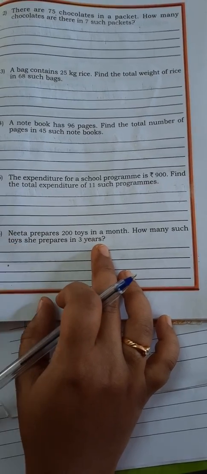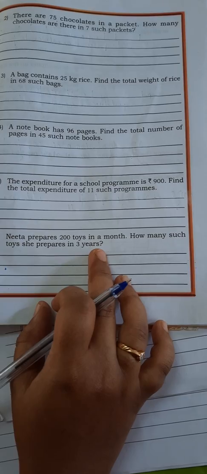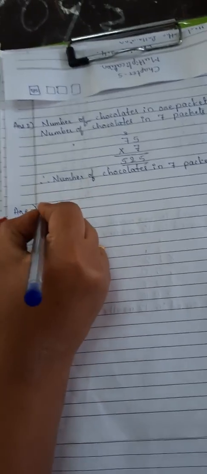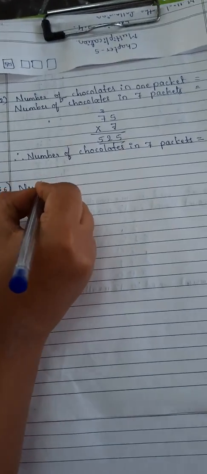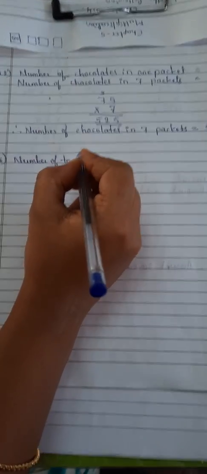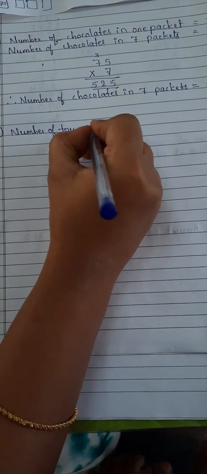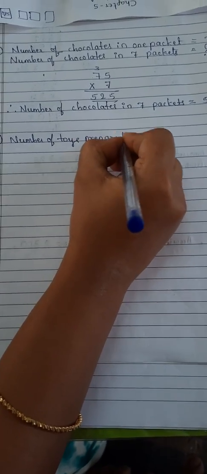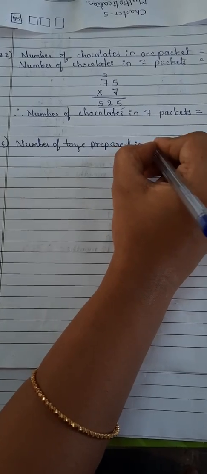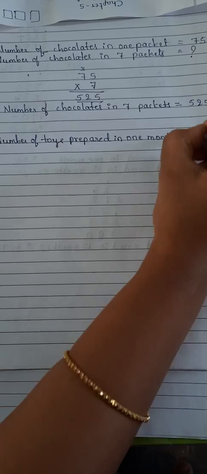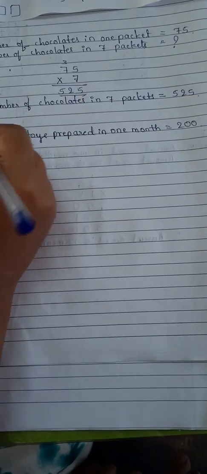1 year means 12 months. 3 years means 12 threes are 36. So we'll write here: number of toys prepared in 1 month is equal to how many? 200.